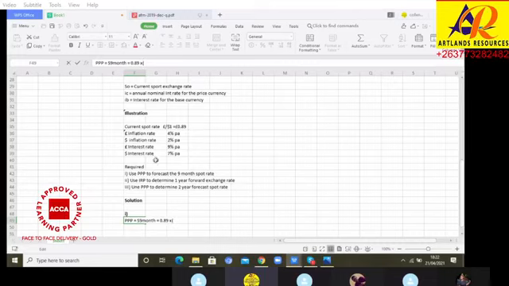Remember, this PPP uses inflation rates, and these inflation rates are per annum. So you say 1 plus 0.04 times 9 over 12 to bring it to 9 months, over 1 plus. The base currency is the dollar, because the dollar is the one which is given per unit.